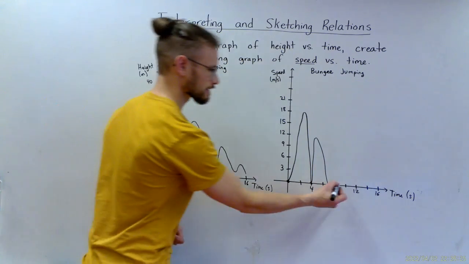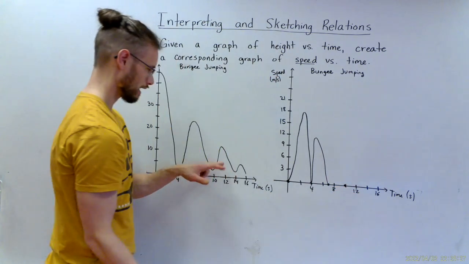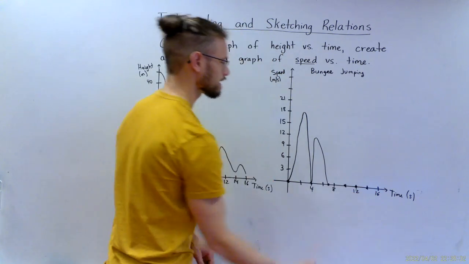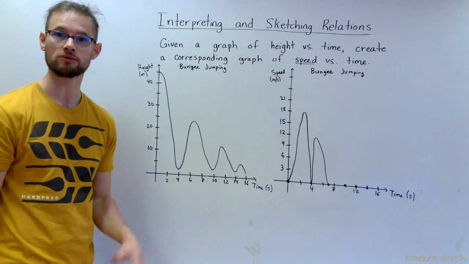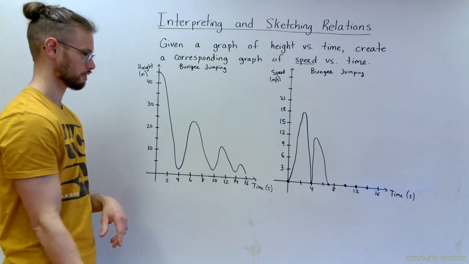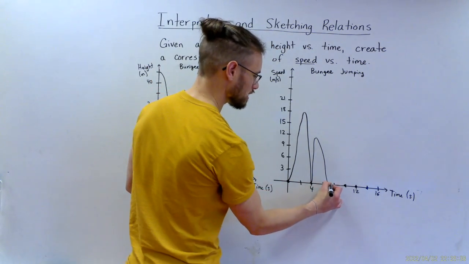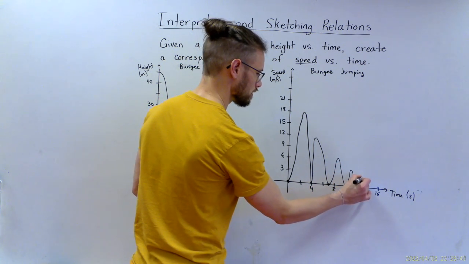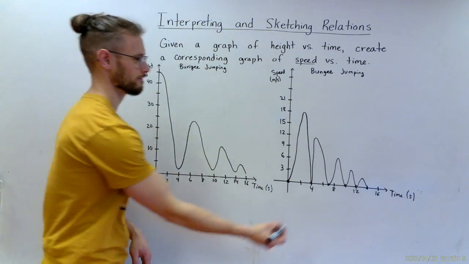At 10 seconds, I'm motionless. And again, every time, 12 seconds, 14 seconds, I'm motionless because those are the turnaround points for the cord. Okay? And each time my velocity would not be as pronounced, but it could be something to that effect.